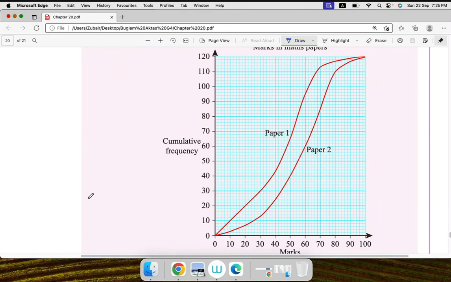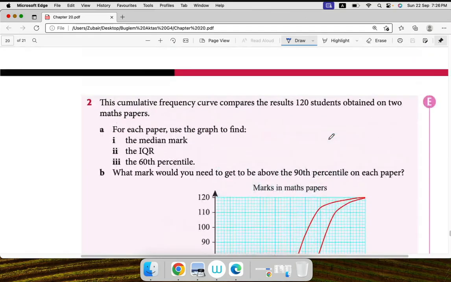If I say 50% means 60, and 50% of the students on paper 1 are getting this many marks, while on paper 2 are scoring this much. So paper 2 was easier. You see this line? This is towards the right-hand side, towards more marks. So in this case, paper 2 was easy because the shift is towards the right-hand side, which is more marks.